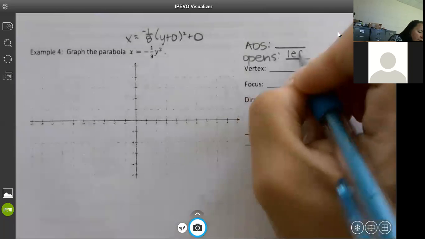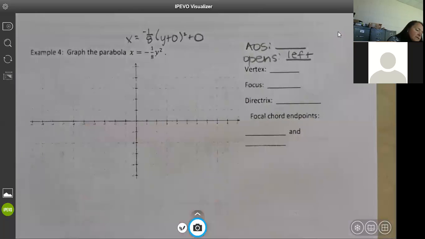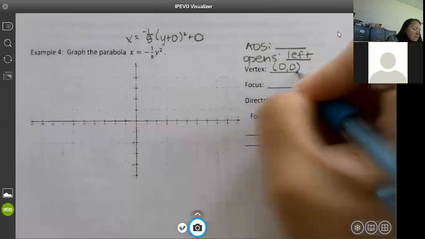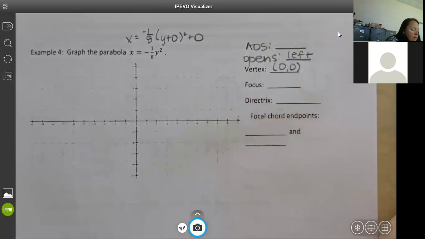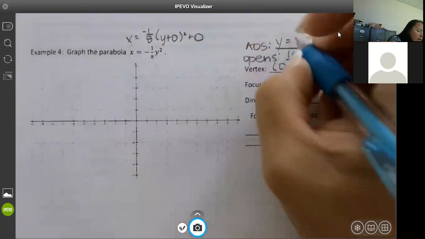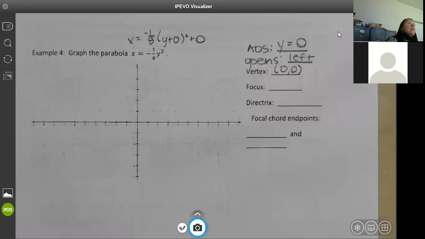Left. Why is it left? Because it's a negative 1/8. What's your vertex? And then what is your axis of symmetry? Give me a full equation. Since it's x equals, we change it to y equals, and it's whatever the y coordinate is. So the y coordinate for your vertex on this one is 0. Perfect.